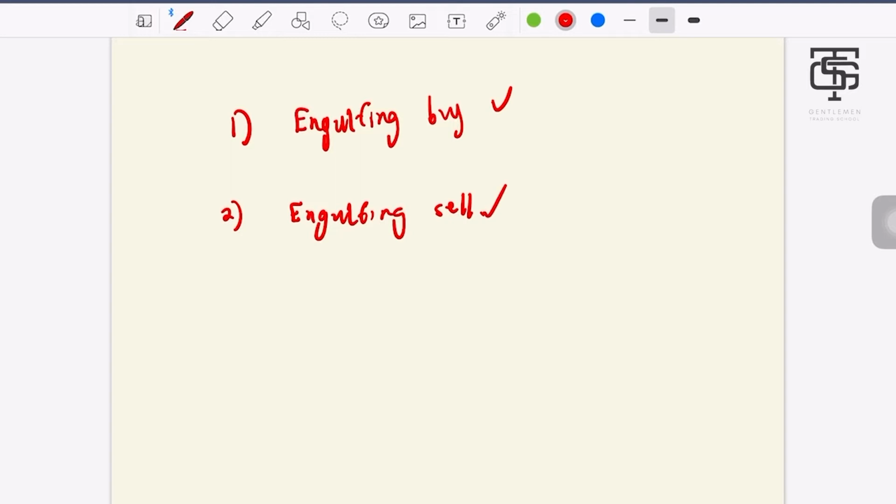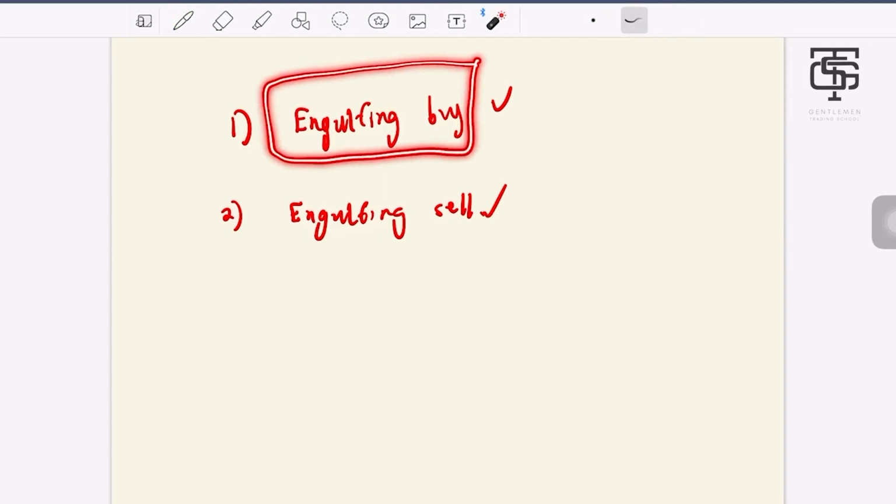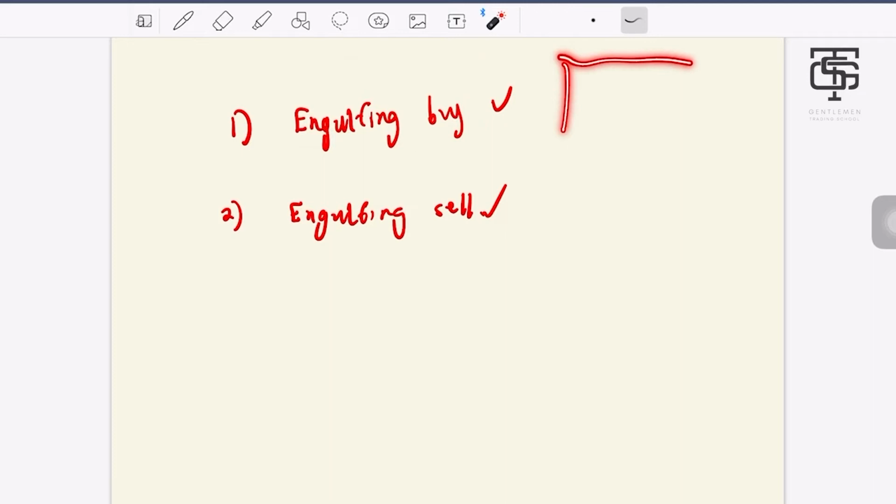So done. Today, I will be sharing with you how we find a simple setup based on only an engulfing buy with an engulfing buy. So let's get into it.